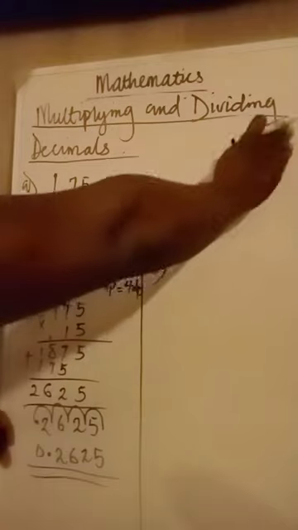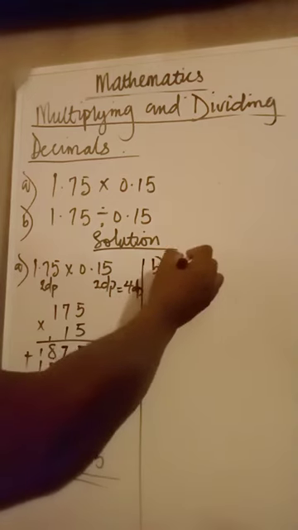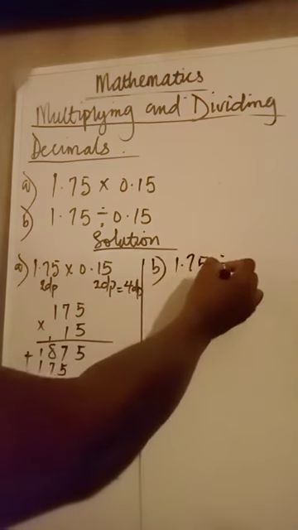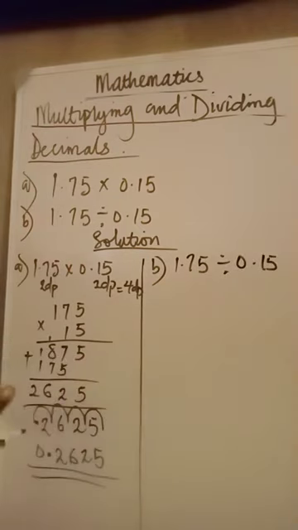Okay. This one, I have 1.75 divided by 0.15. There are different methods of solving dividing decimals, but one of the major methods you need to know, so you don't get confused, is knowing how to convert decimals to fractions.